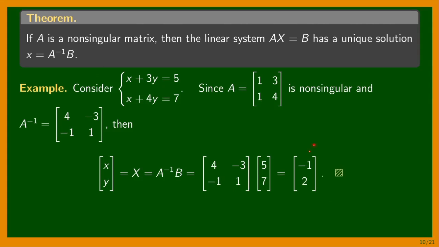The product can be obtained by simply multiplying rows by columns, remember? Taking the dot products of rows and columns. First row, first column, you get this. Second row, first column, you get this one. Alright? So therefore, whatever scalars you put in place of 5 and 7, this linear system will always have a unique solution because the coefficient matrix A is non-singular. So that's the idea.